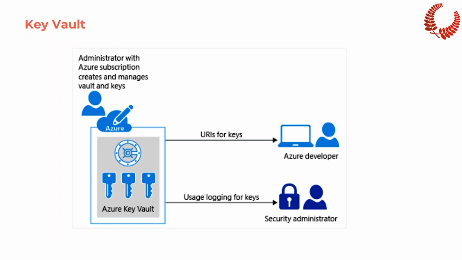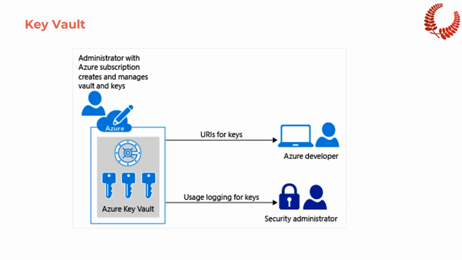And it's also a very versatile service that can help us provision, manage, and deploy TLS certificates, for example, for use with Azure internal connected resources. It comes with two service tiers.